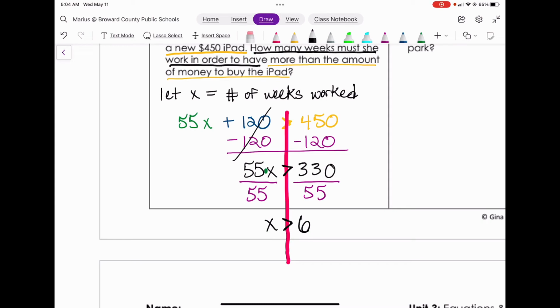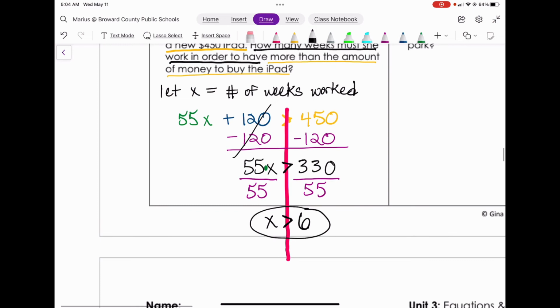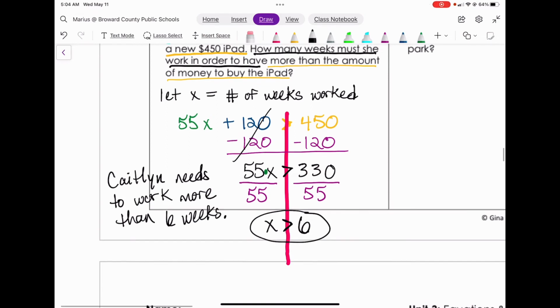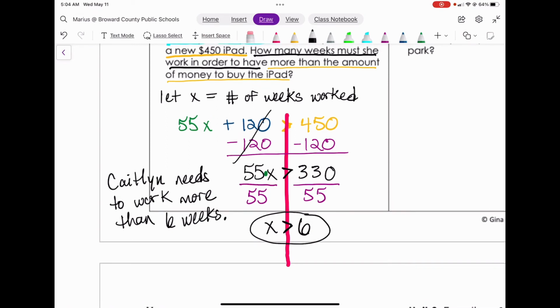Okay? So x is greater than 6, which means that Caitlin needs to work more than 6 weeks. More than 6 weeks, okay? In order to have enough money to pay for that new iPad.